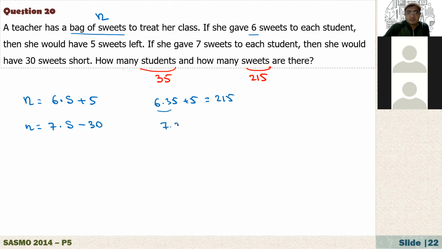And 7 times 35 minus 30 is 215. So we have 35 students and how many sweets? 215. Okay, that's correct. Sweets. Okay, good.